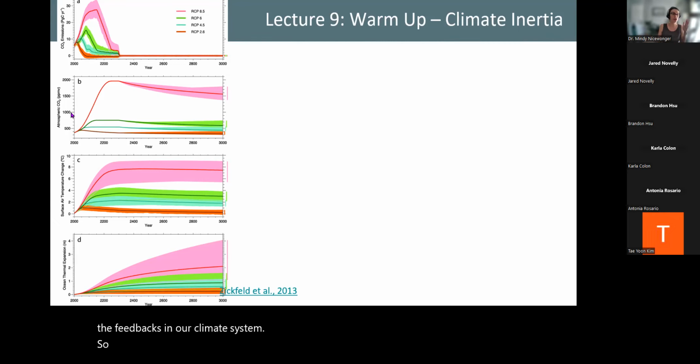So that means our surface air temperature changes are kind of locked in for many hundreds of years.